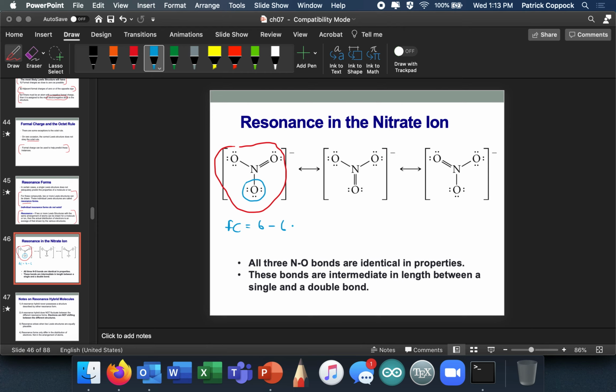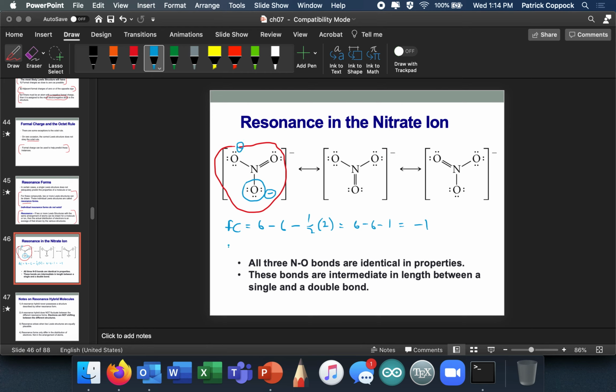There are 6 electrons that are unshared, you see them right there, and then half of the shared, and there are 2 electrons here that are shared. So this is 6 minus 7, which is equal to minus 1. The formal charge on that oxygen is minus 1. This one is the same, it's also minus 1.